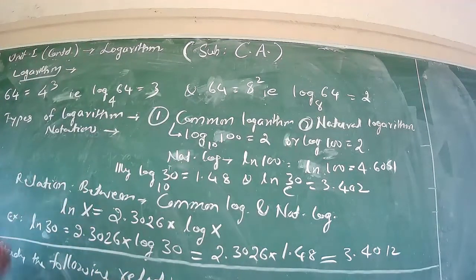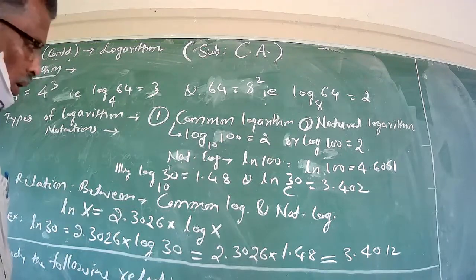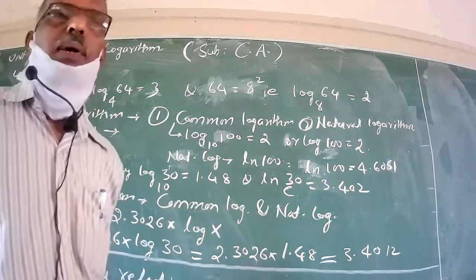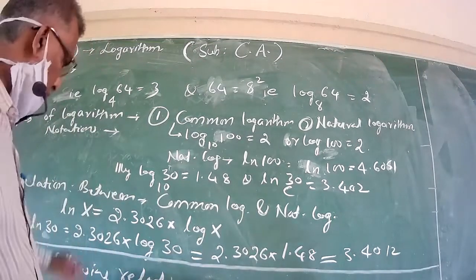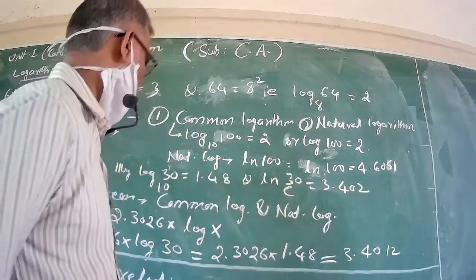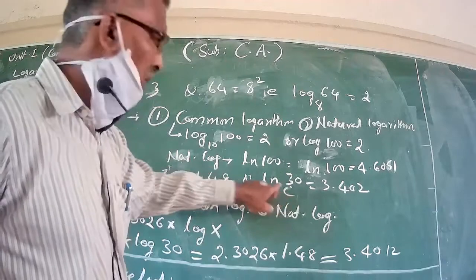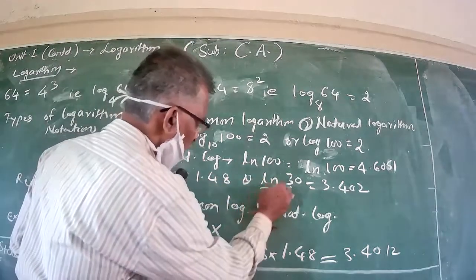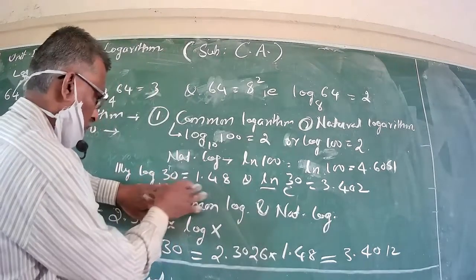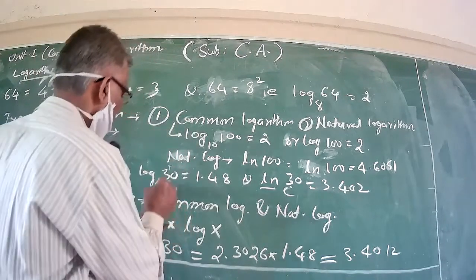Next, the notations. Common logarithm is just log of a number, and natural logarithm is ln of a number. If the base is not mentioned and you write simply ln, it means natural logarithm. If nothing is written on the base and simply log of a number is written, then it means log of a number to the base 10.